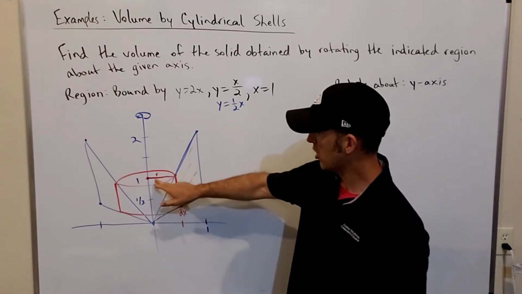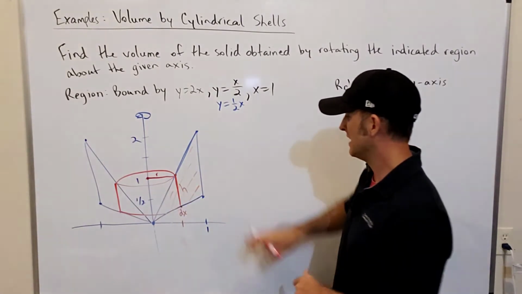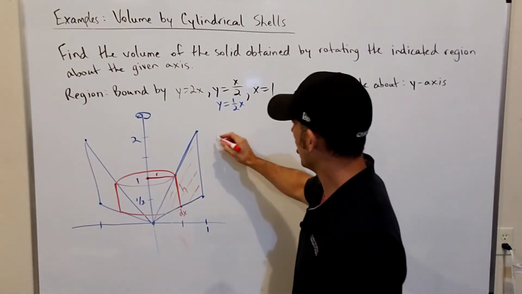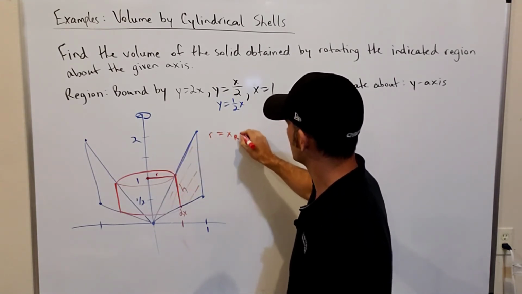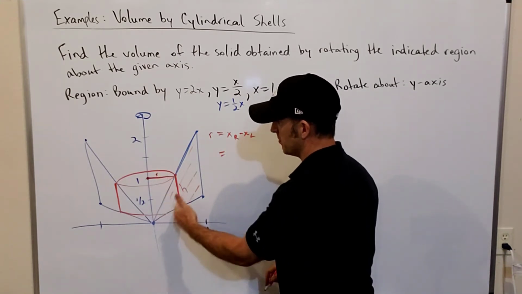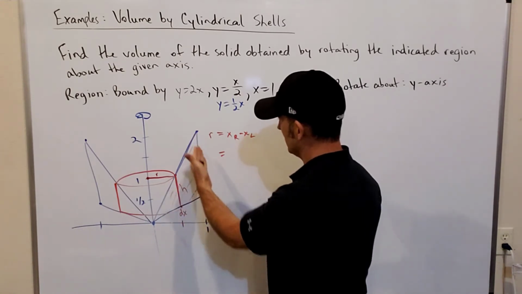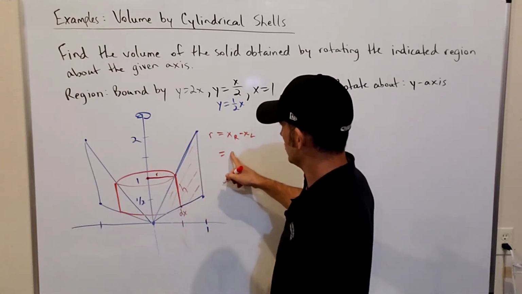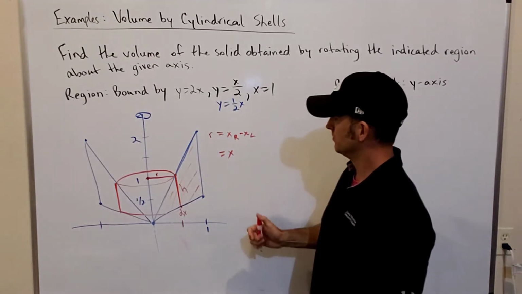Actually, first, let's write r and h in terms of x so that I can set my integral up a bit easier. So r is going to be, it's measured horizontally, so it's the rightmost x minus the leftmost x. The rightmost x changes depending on where you slice in your curve. And if I want it in terms of x, it's literally just x, right?